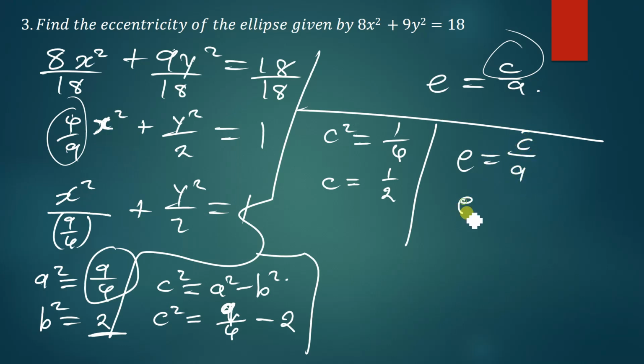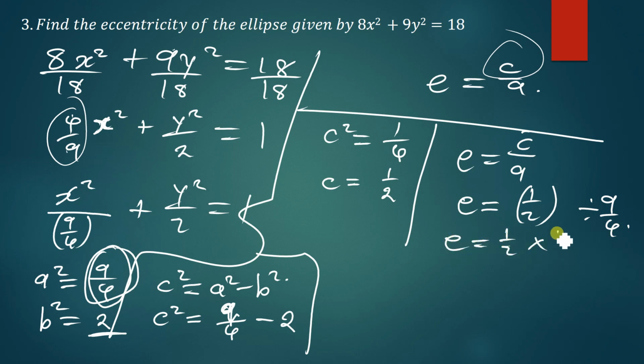The value of c is 1/2, and we divide this by a, which was 9/4. So eccentricity becomes 1/2 times 4/9, which is 4/18, and can be reduced to 2/9.